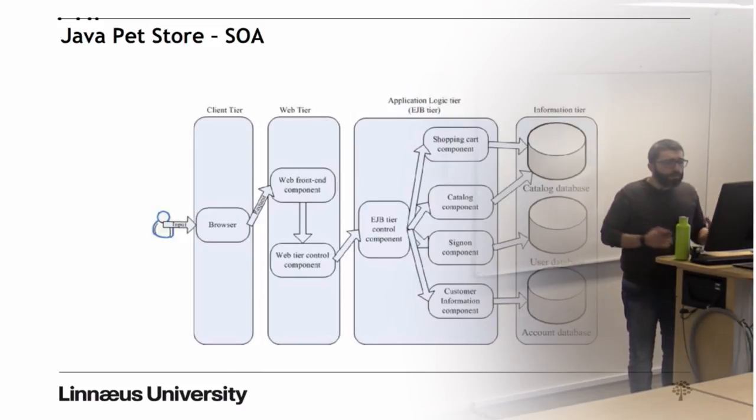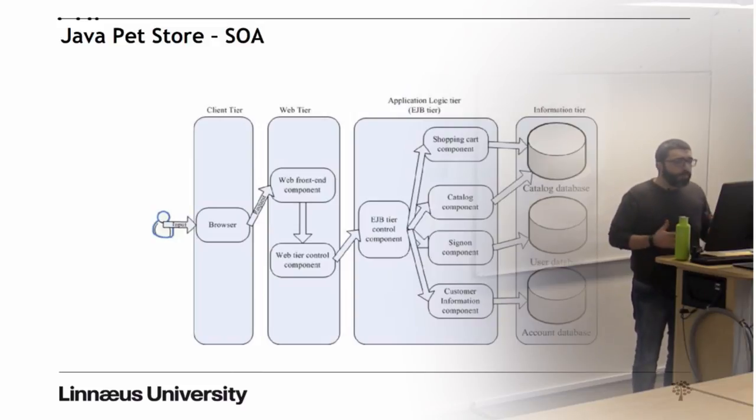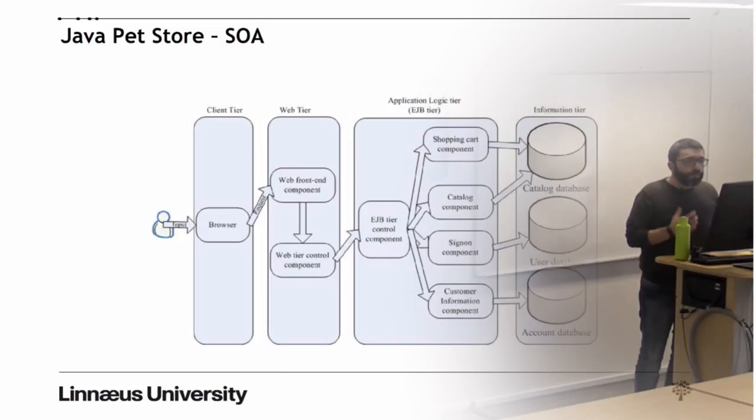Then you need to include the load balancer that, with respect to the incoming traffic, will decide whether to redirect the traffic towards one application or the other application. And once you distribute and replicate the entire application logic, you need to synchronize how these replicas will interact and access the information tier.